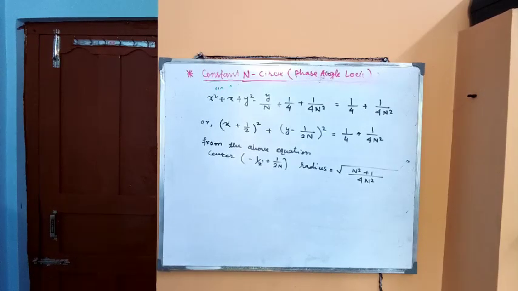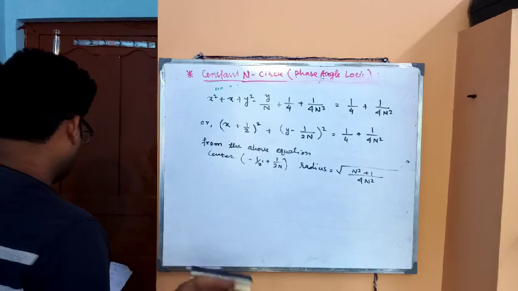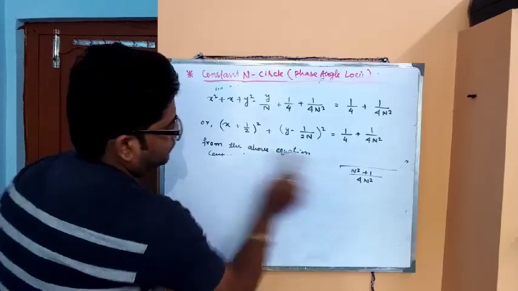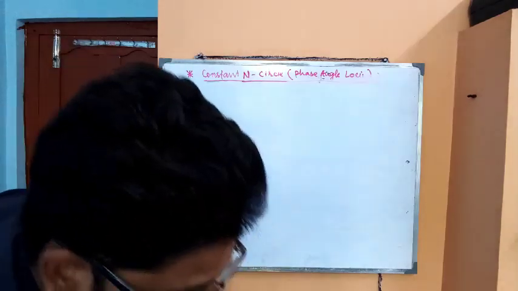Okay. Now similarly, for determining the constant n circle, we also need to consider different values of phi, and with respect to this we need to calculate the value of tan phi, and with respect to this calculate the coordinates of the center, and also the radius of the circle. So for this we need to form a table for constant n circle with different values of phi.